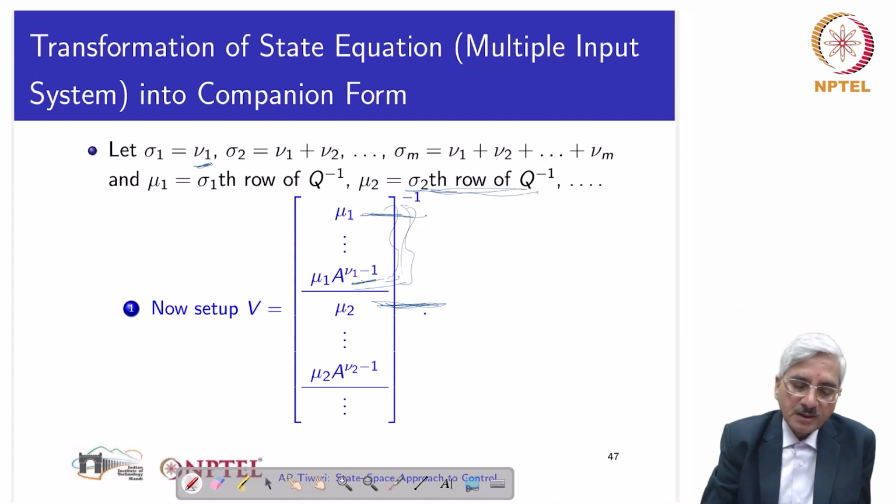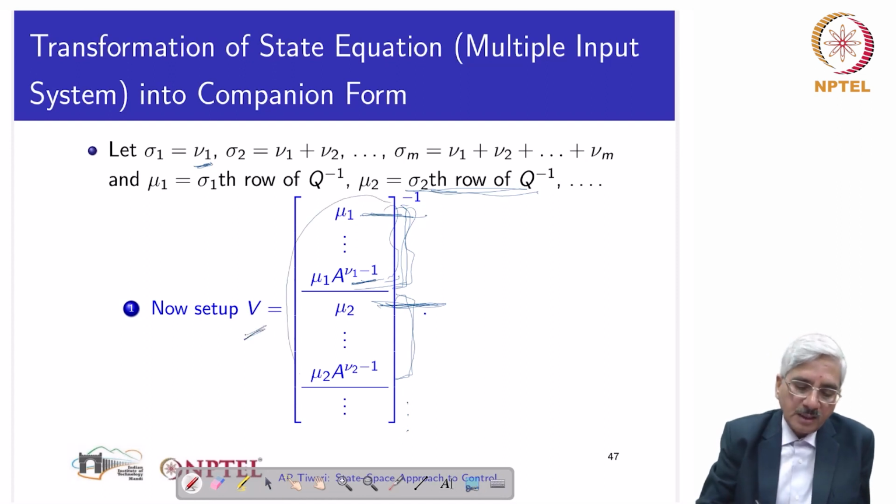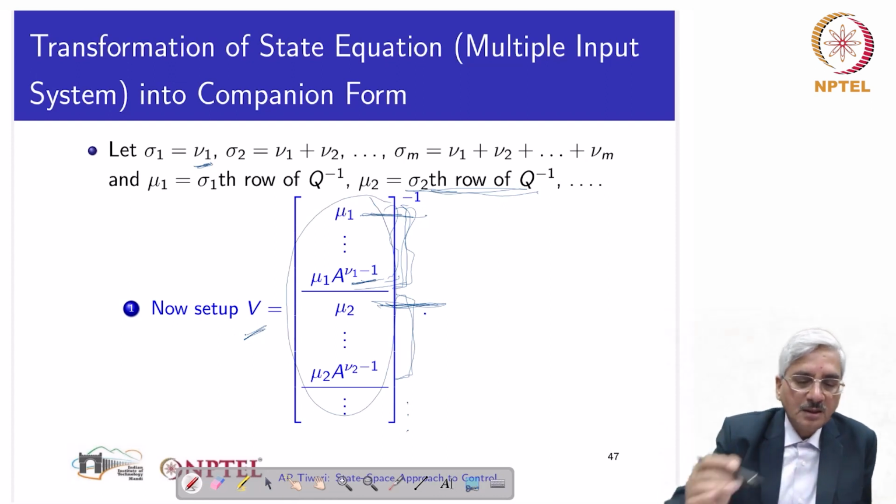So we assemble first mu1 vectors, then mu2 vectors, and so on, and then we get the matrix V by inverting this in this manner.